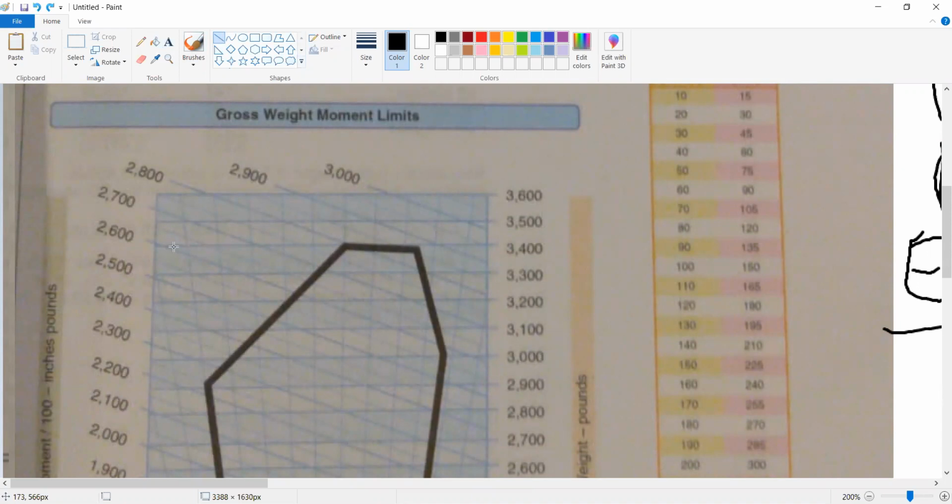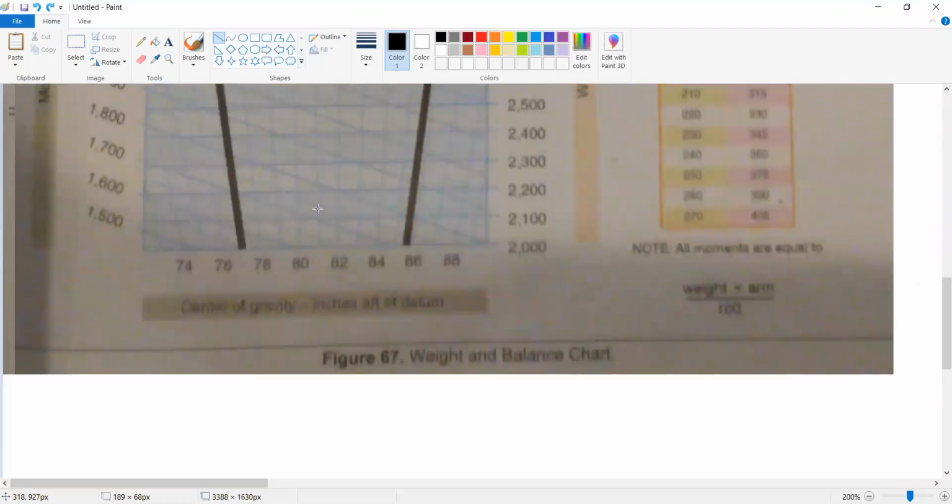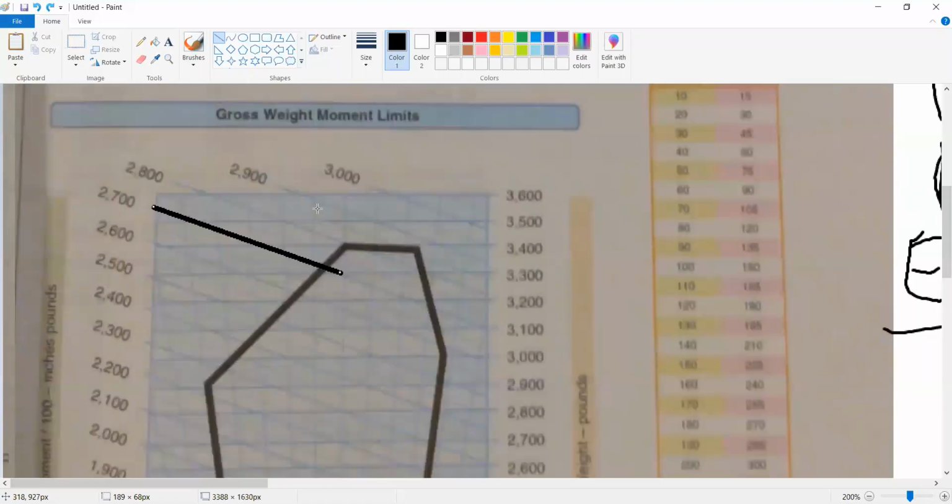So that's 2,600 and so yeah, we are within, the center of gravity is within limits, right? What wouldn't be is 2,900. You can see that, right? Or 2,800, cutting close, right? But we're good over here.